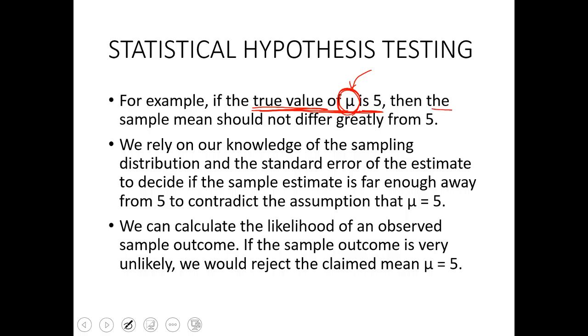And the sample mean should not differ greatly from 5. So if the population mean mu is 5, then the sample mean is around this interval. We've studied the confidence interval.